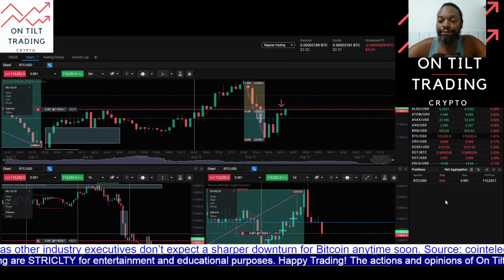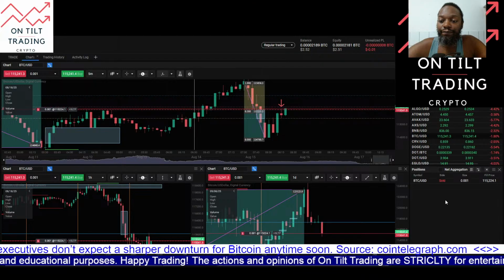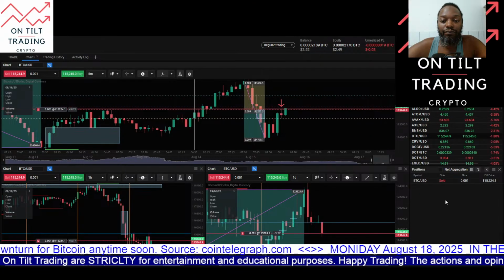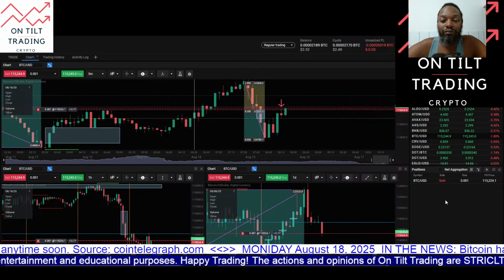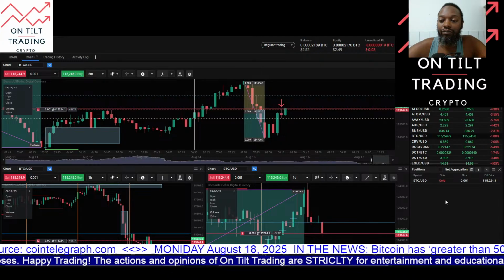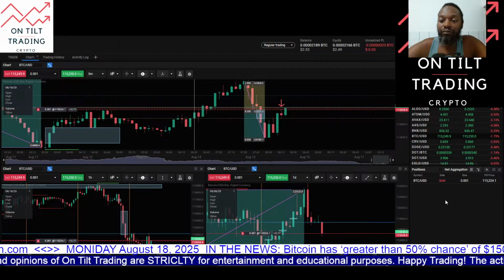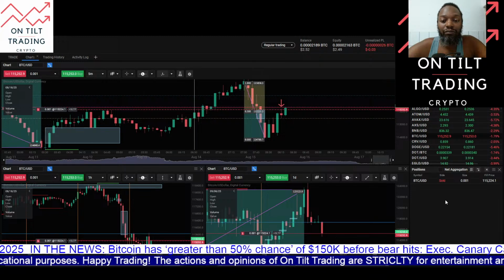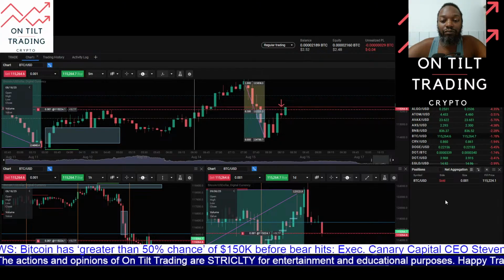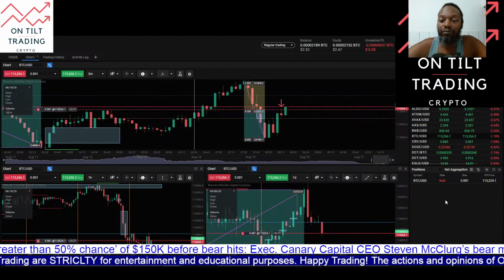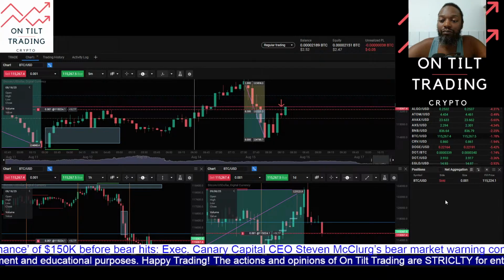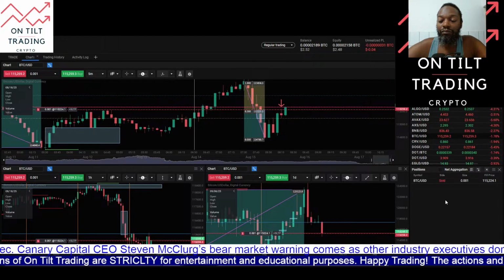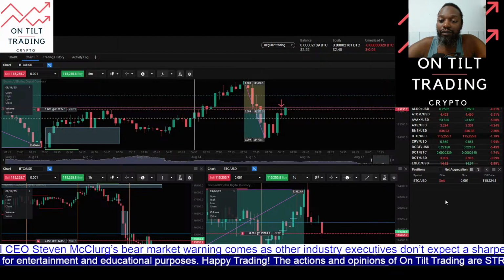Price still consolidating. 115.220, 115.250. Price consolidating here around the 115.250 level.